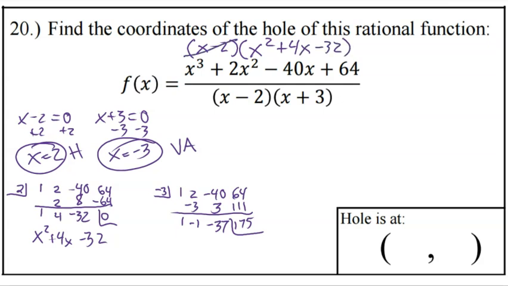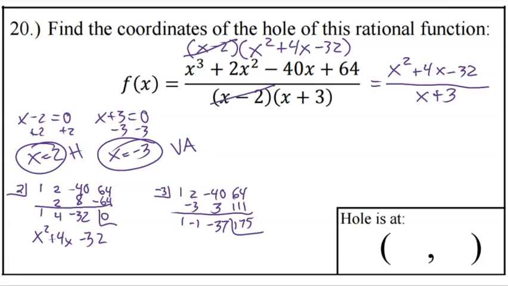And now we can cancel the x minus 2 because we have one in the numerator and the denominator. And we now have x squared plus 4x minus 32 divided by x plus 3.